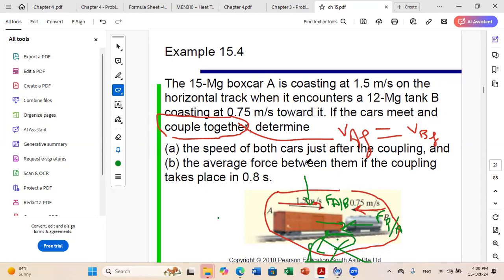So now if you consider the whole system A plus B, and we write the impulse and momentum in X direction, what can we write? We can say summation of linear impulse. So MA VAX initial, plus the linear impulse of B, so plus MB VBX initial.